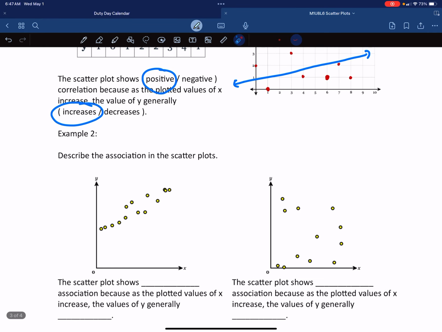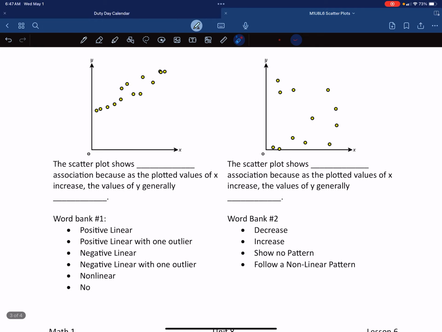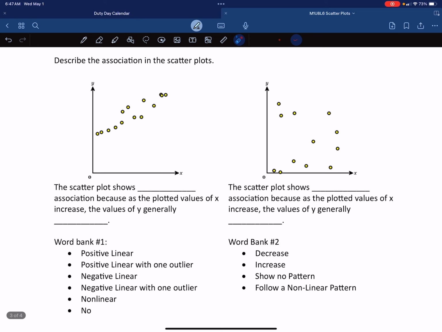Example 2, we have 2 questions here. Describe the association in the scatter plots, right? The scatter plot shows, and we have 2 different graphs. We're going to go through both of these. The scatter plot shows either positive linear with an outlier, negative linear with one outlier, nonlinear, or no correlation, okay? So to me, you can see that there's pretty strong correlation.